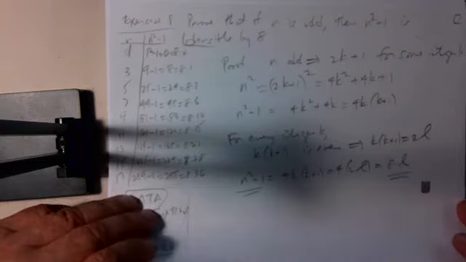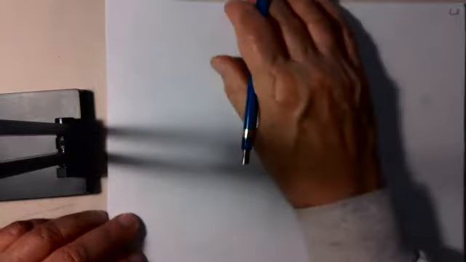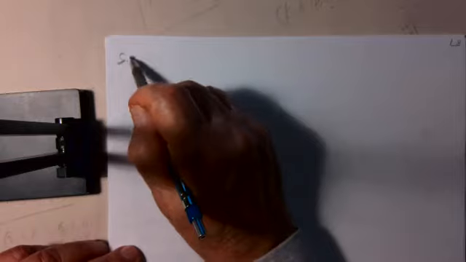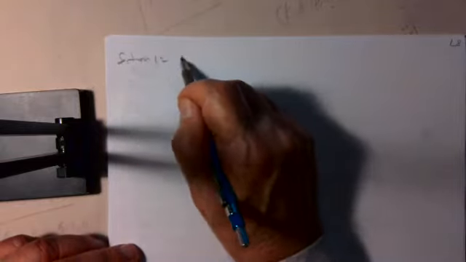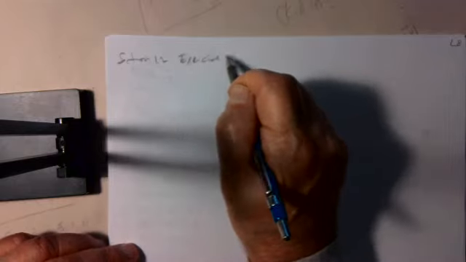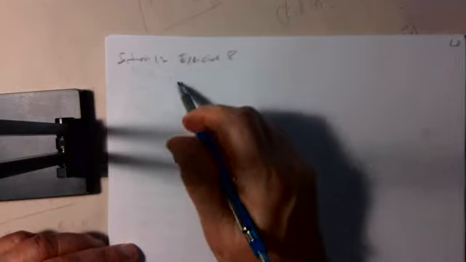Professor, can you do number 8 in section 2? Number 8, yeah, with the factorials. Okay. Let's take a look. So this is section 1.2, exercise 8.